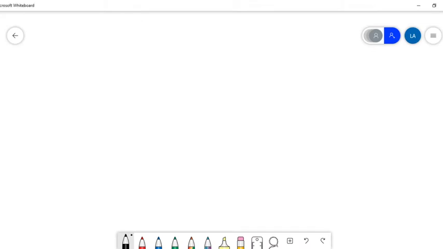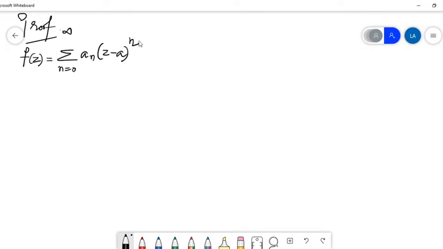So first of all, we know that f of z is equal to summation n is equal to 0 to infinity a_n into (z minus a) the whole raised to n.